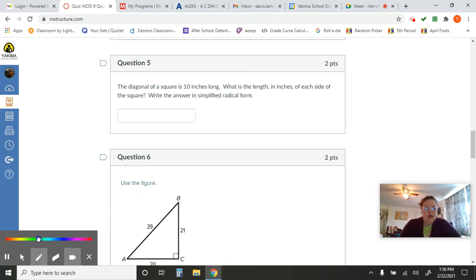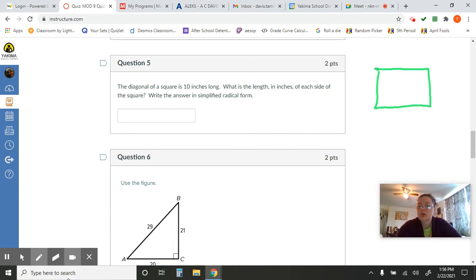But just for a reminder on how to work through the problem, we have our square. The diagonal is 10 inches long. And with the square, we know that all four sides are congruent, so each of the sides we'll just call X. And because this is a right triangle and both of these are the same, we know that this is a 45, 45, 90 triangle, which means that we have X and X times the square root of 2.